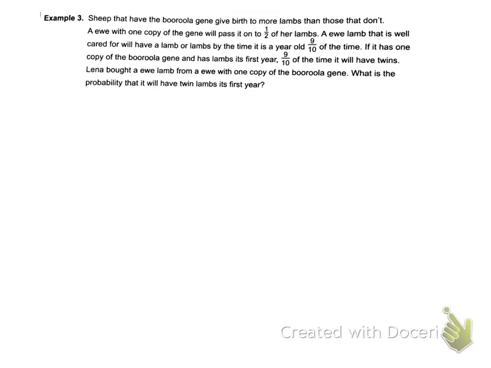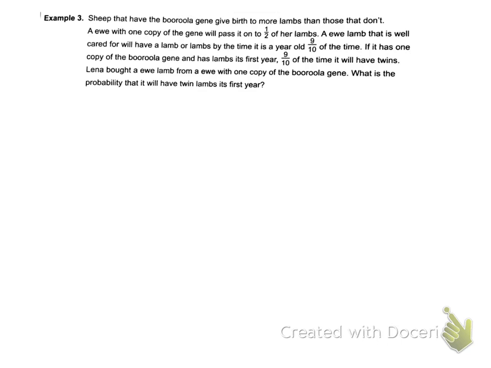If it has 1 copy of this gene, the Barula gene, it has lambs its first year 9/10 of the times. It will have twins. Lena bought a ewe lamb from a ewe with one copy of this gene. What is the probability that it will have twins in the first year?